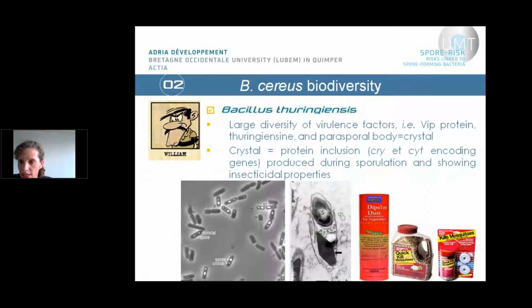This parasporal body, which is also named crystal, is a protein inclusion that is encoded by the cry and cyt gene families. These crystals are produced during sporulation, and these crystals show insecticidal properties, and this is why it has been largely used for crop protection.